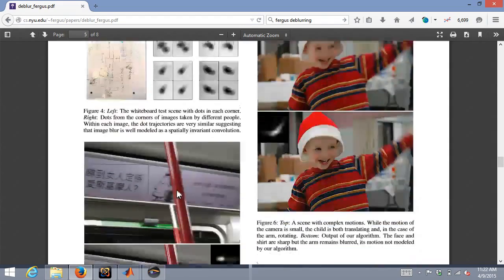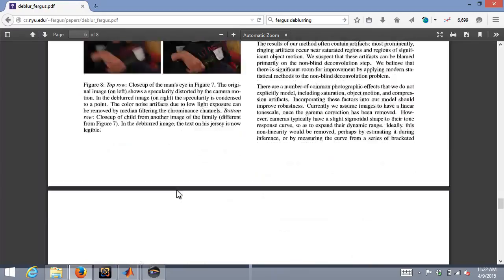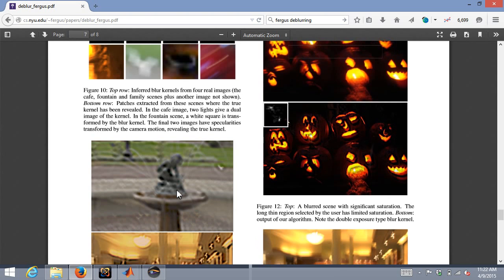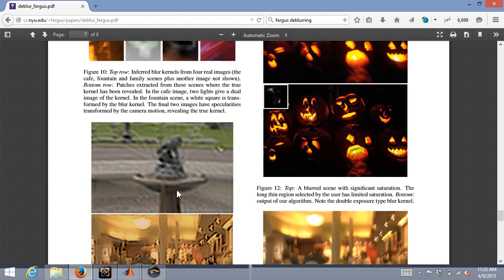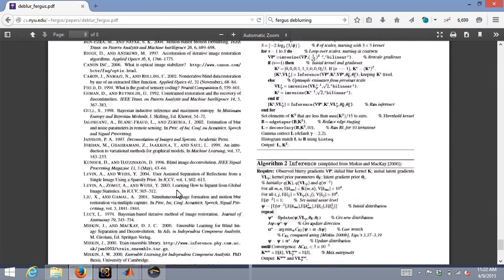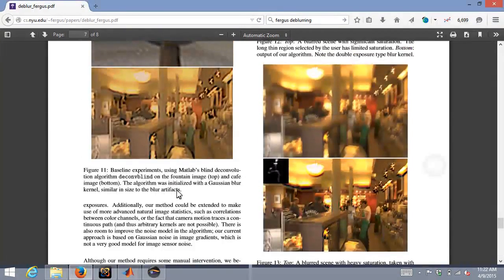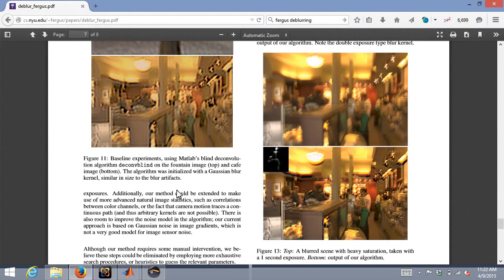There's one great example that shows a scene where you can see from the motion of the lights what the point spread function should be. I guess it's kind of hard to tell.